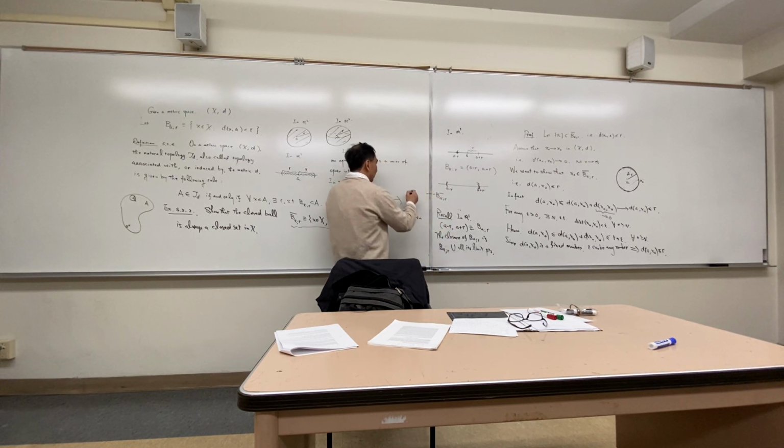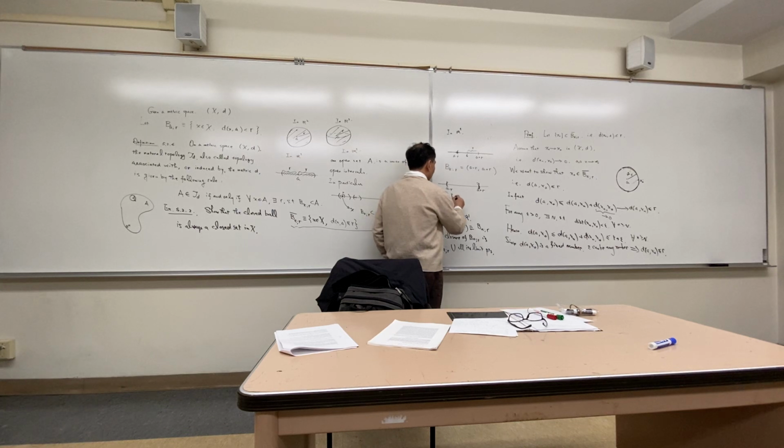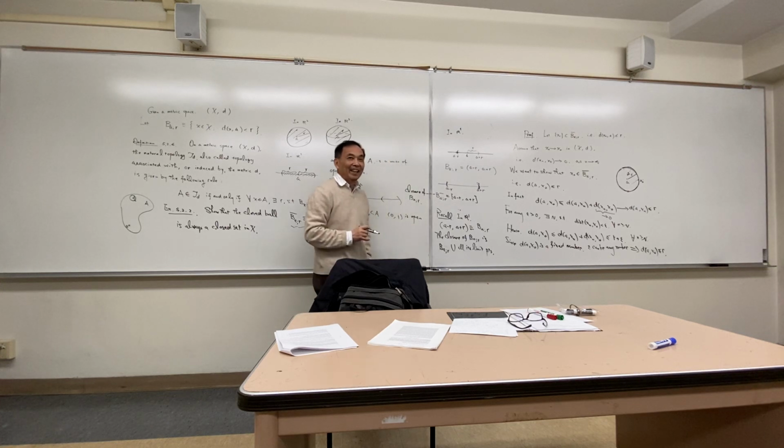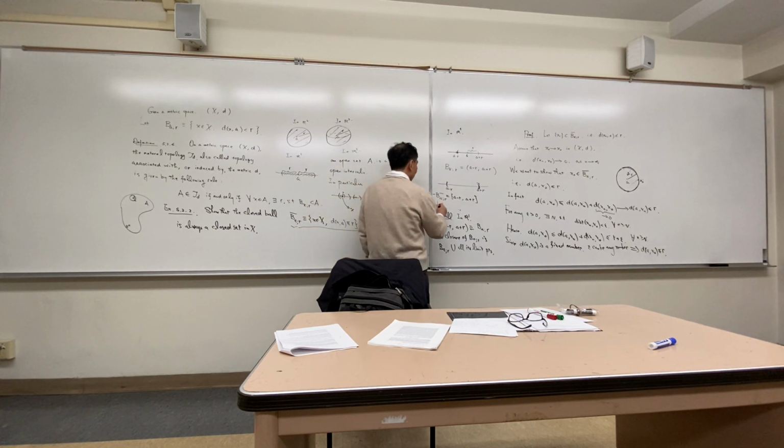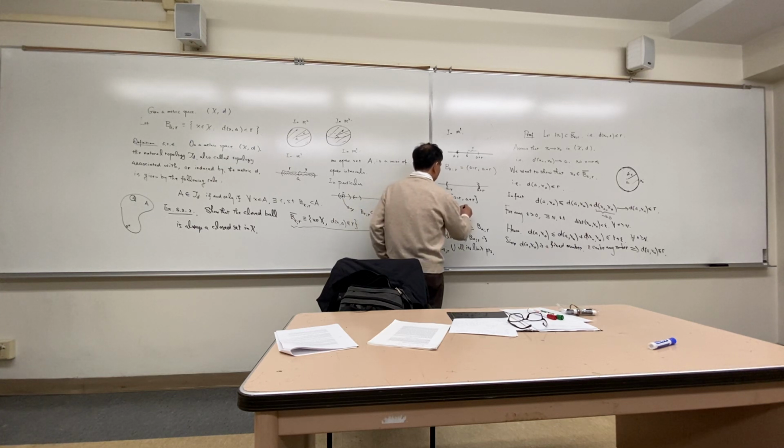The closure of B is the closed interval from A minus R to A plus R. And in our other notation, B with a bar here means all the points whose distance to the center is less than or equal to R. So it is also this closed interval.